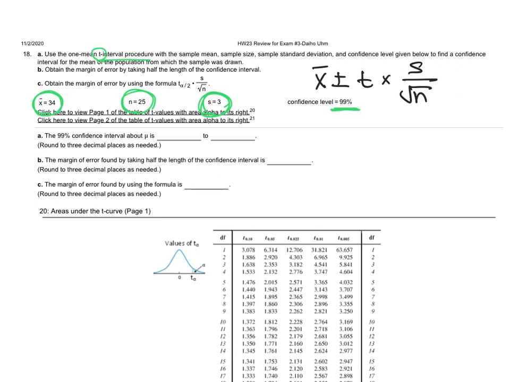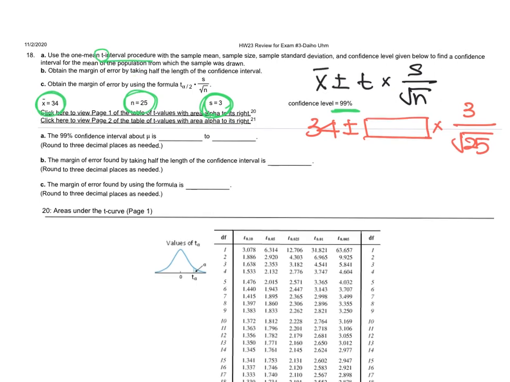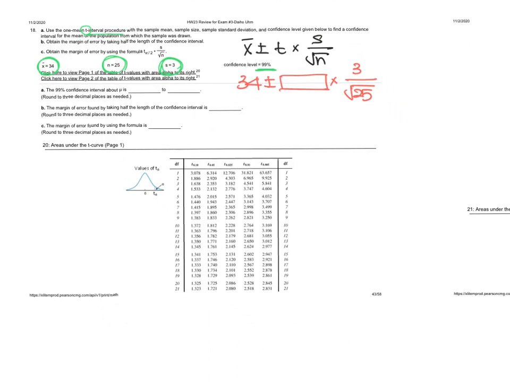I just plug the 34 for the sample mean, and we are going to take the t-score later, and plug the s was given 3, and the sample size was given is 25. Everything is the same, except the t-score, except the critical value, right? So now we have to take the critical value, the t-score from the t-table.